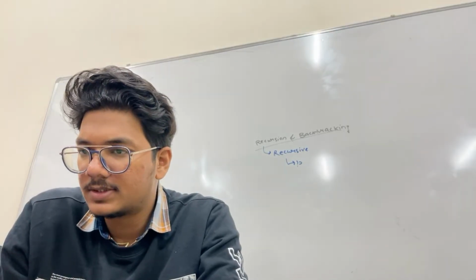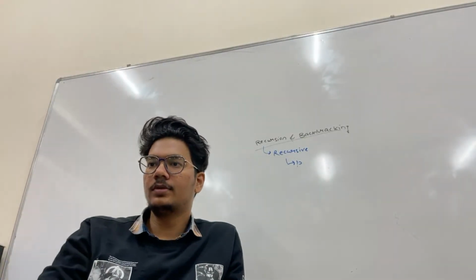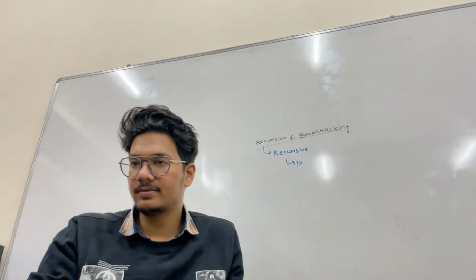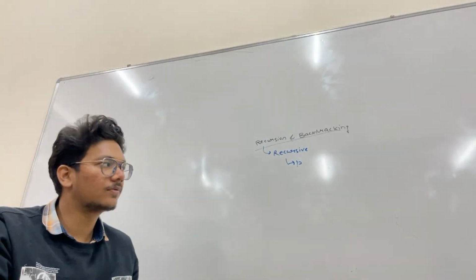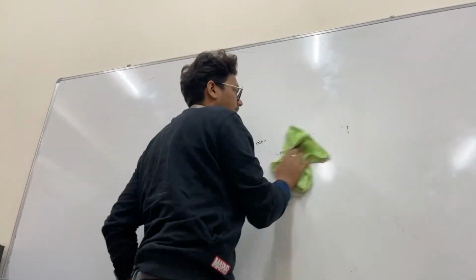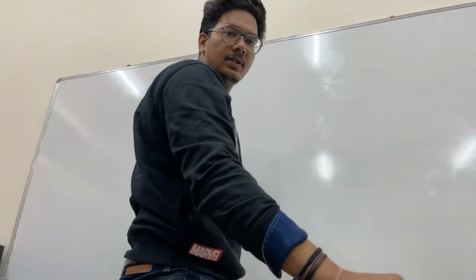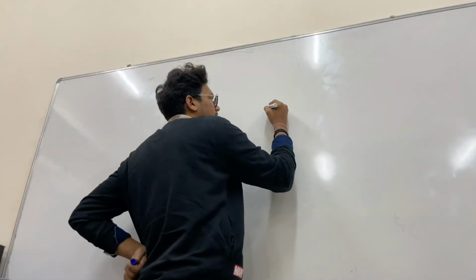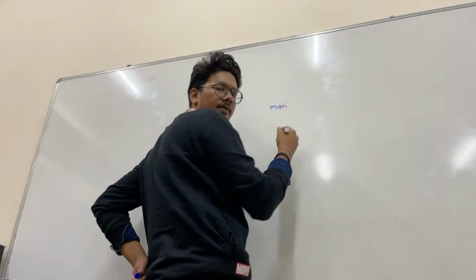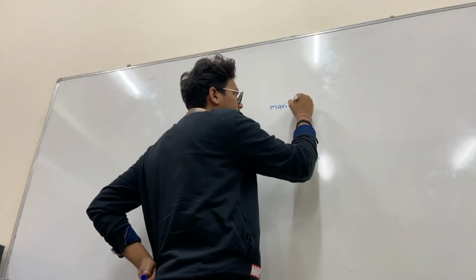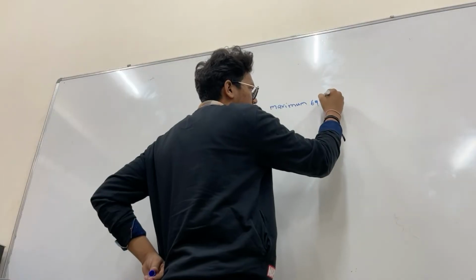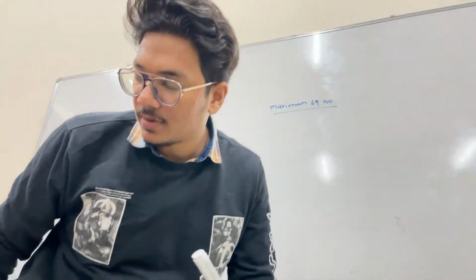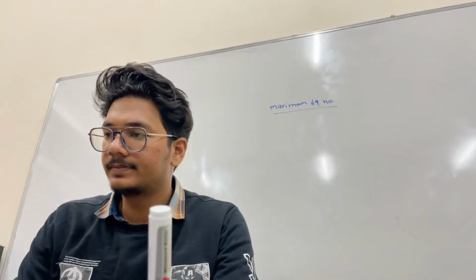So in greedy we have one greedy problem to solve, that is Maximum 69 Number. Let's see the problem.